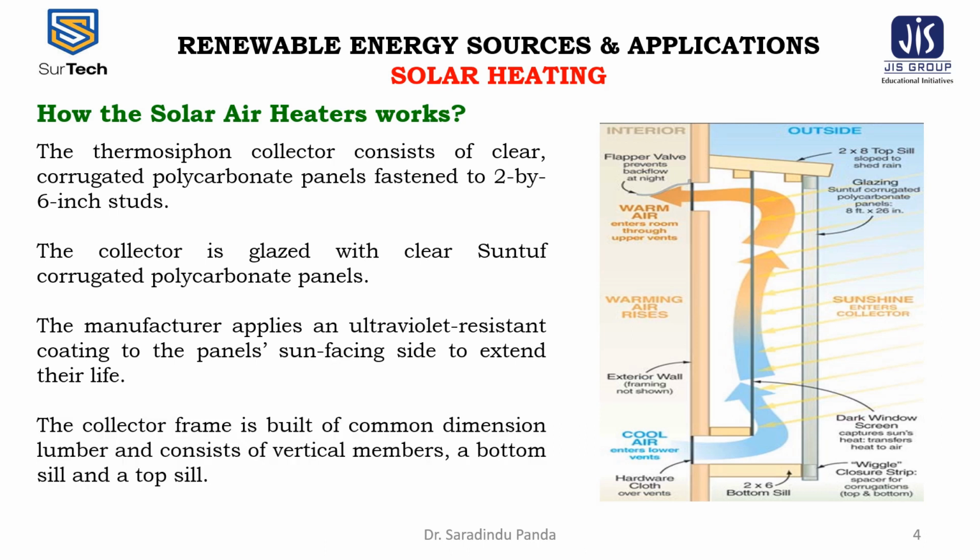The collector frame is built of common dimension lumber and consists of vertical members, a bottom sill and a top sill. One is the bottom sill, another is the top sill. The 2 by 8 top sill slopes to shed rain, which is shown in the figure, and the bottom sill is 2 by 6.